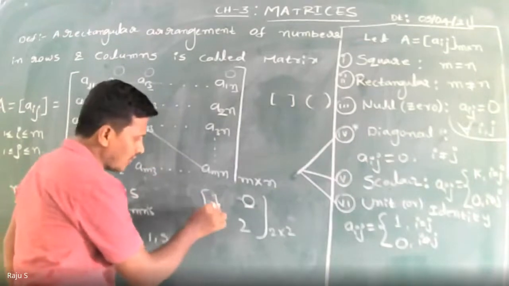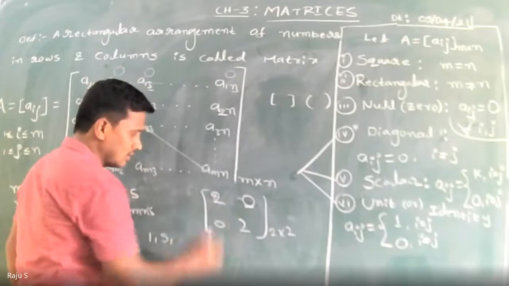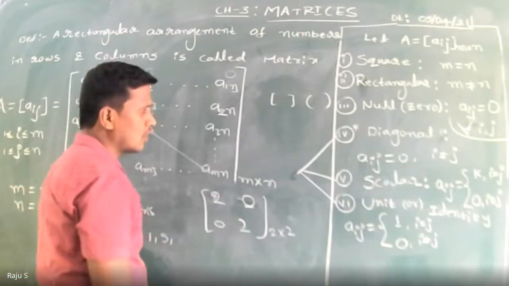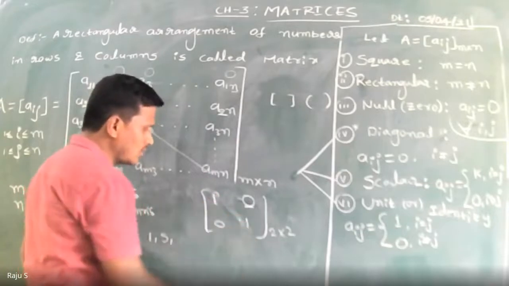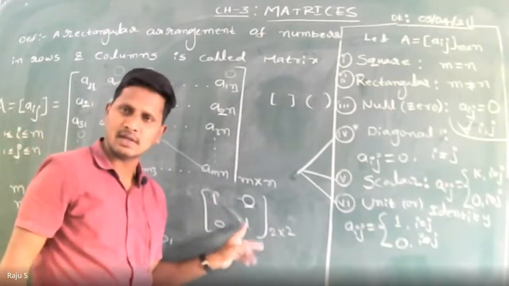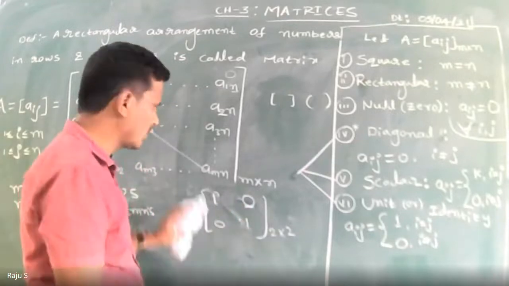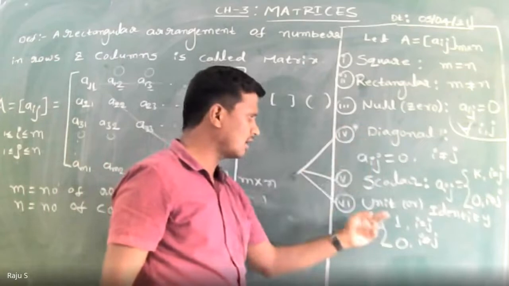Here 1, 2 means different values, so it is just diagonal; this is scalar. Coming to unit, all principal diagonal elements must be equal to 1. That is the identity matrix. So this is about diagonal, scalar and unit.